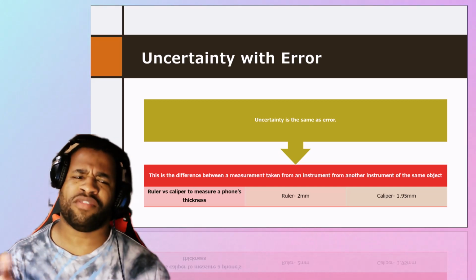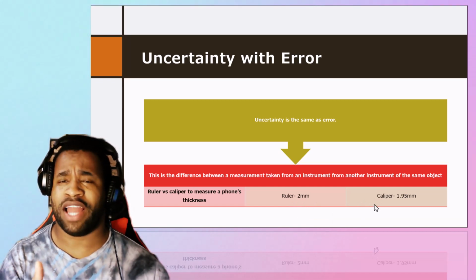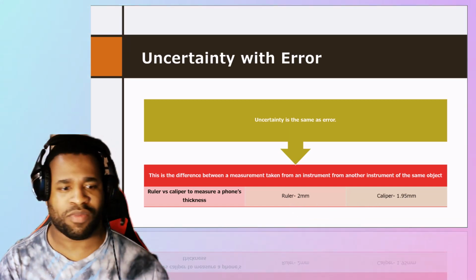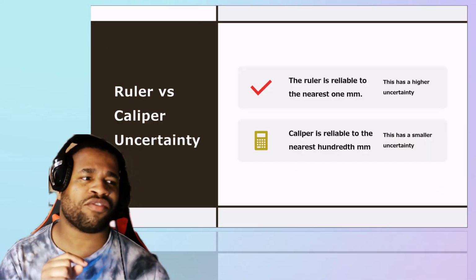Then you might ask yourself, why is there any difference between these two values and the instruments? This comes down to uncertainty.